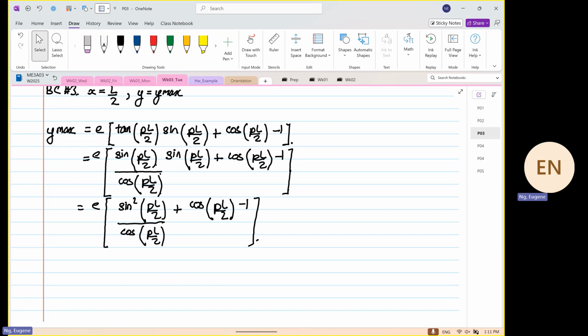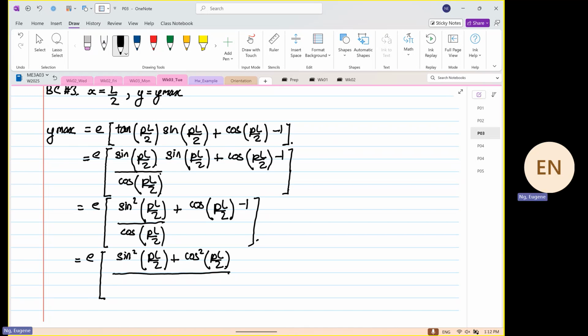So we are going to make a common denominator, E. Again, I think I need big brackets. Sine squared P(L)/2 plus by cos squared P(L)/2.